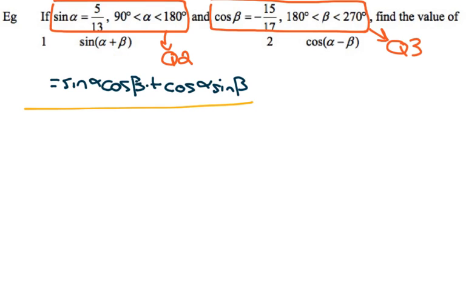So to figure out cos A, the only piece of information we can use to find this is sine A. Because if we try to use cos B, that's dealing with a different angle, we have to deal with the same angle. So we have to only use sine A. Looking back at the fundamental identities, we have an equation that relates cosine with sine, and that's sine squared plus cos squared equals 1.